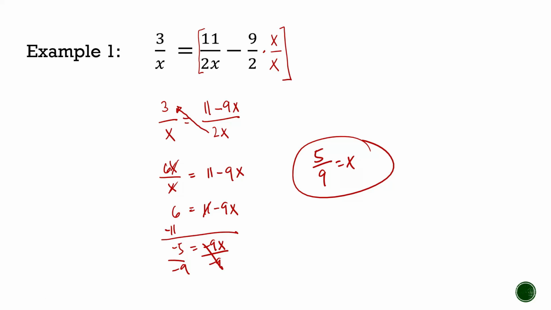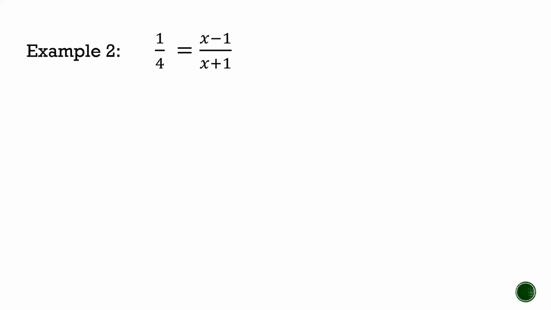Let's have another example. Alright, so here on the right side, as you can see, there's only one term, so we will not do the thing that we did in the first example. Here we can do the cross multiplication, because if we do that, we will eliminate the denominators.